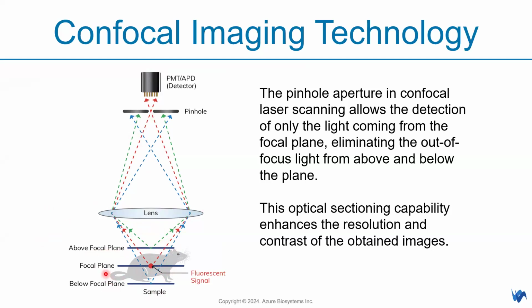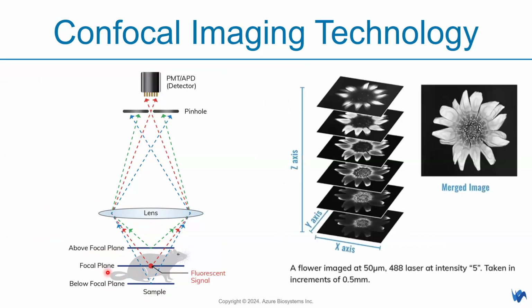Since we have this pinhole aperture and different depths of imaging, we are able to image at different depths, or the z-axis. With the z-scan, you can generate stacks of images that cover different depths of your samples. Here's an example of a sunflower that we scanned using the Sapphire FL, which you can show in, let's say, a GIF format to showcase the signal at different depths, or in a merged image like this.